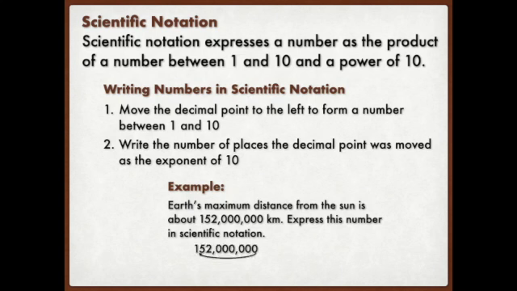So I'm counting 8 places. So this is going to be 1.52, and here's the power of 10, times 10 to the 8. So how many places I move the decimal point will be that superscript, that exponent, that 8. So I moved it 8 places.